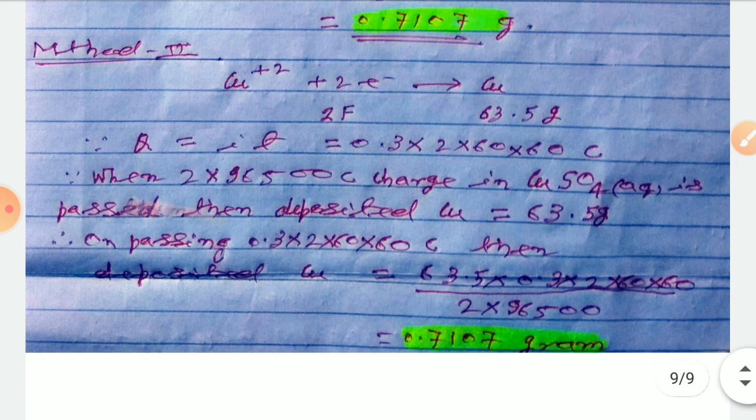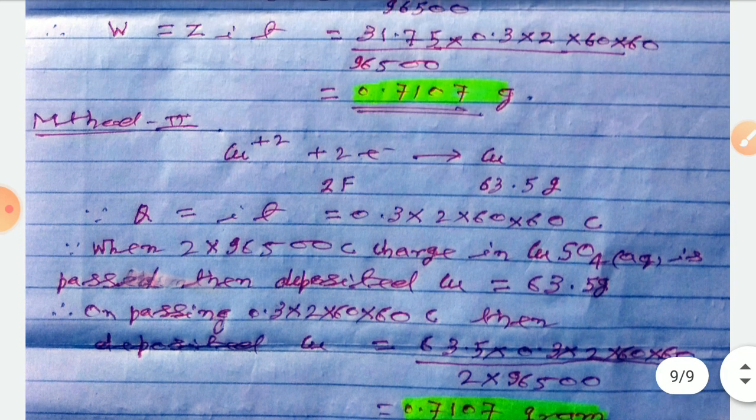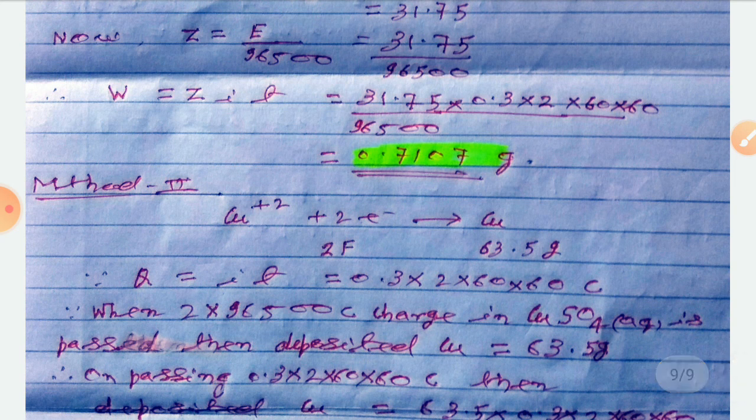Therefore, on passing 0.3 into 2 into 60 into 60 coulomb of charge, the deposited copper will be equal to 63.5 into 0.3 into 2 into 60 into 60 upon 2 into 96,500. That equals 0.7107 gram. So in both methods we get the same answer: deposited copper is 0.7107 gram.